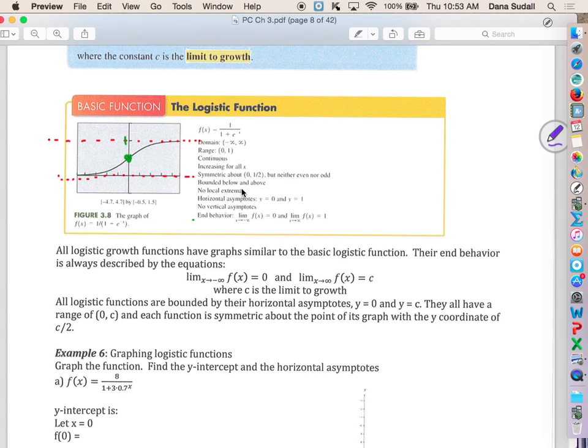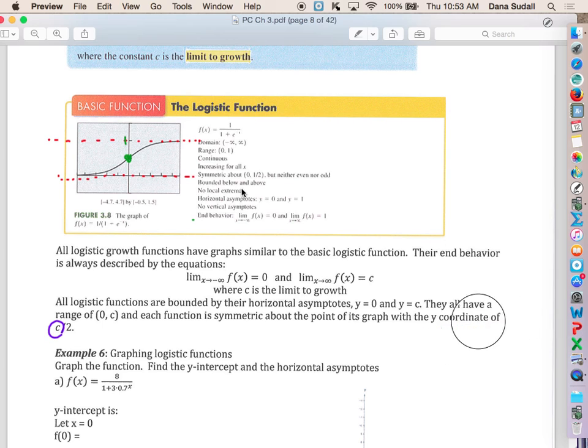What this is telling you is that the y-coordinate for that point is always going to be whatever the numerator is, that c value, divided by 2. So it's halfway between the two asymptotes. Wherever your graph is halfway between the asymptotes would be that fixed point. We don't really talk a whole lot about symmetry with these. When we talk symmetry, we talk about x-axis symmetry, y-axis symmetry, the origin. Those are the 3 big ones.